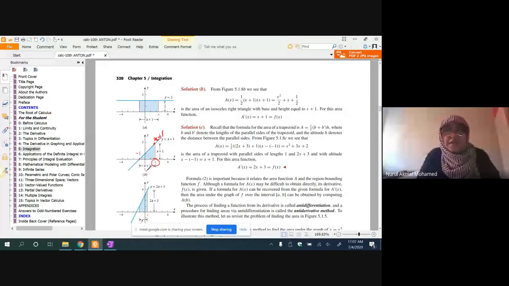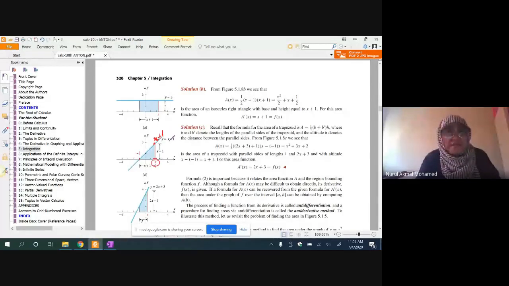So from the formula, it will be 1/2 multiplied with x plus 1 multiplied with the height, which is x plus 1. So the area function will be x squared divided by 2 plus x plus 1/2. And if you differentiate this, you will get x plus 1, which is actually the function of the original curve, which is y equal to x plus 1.